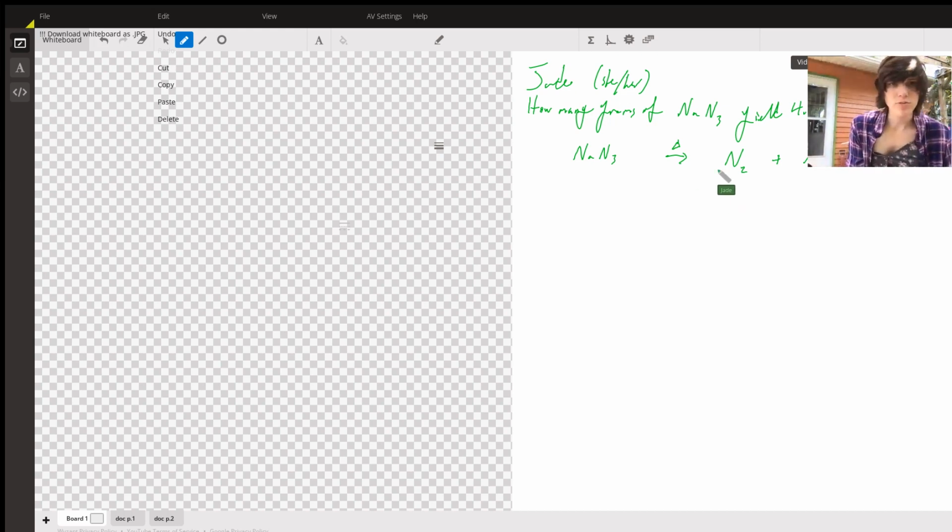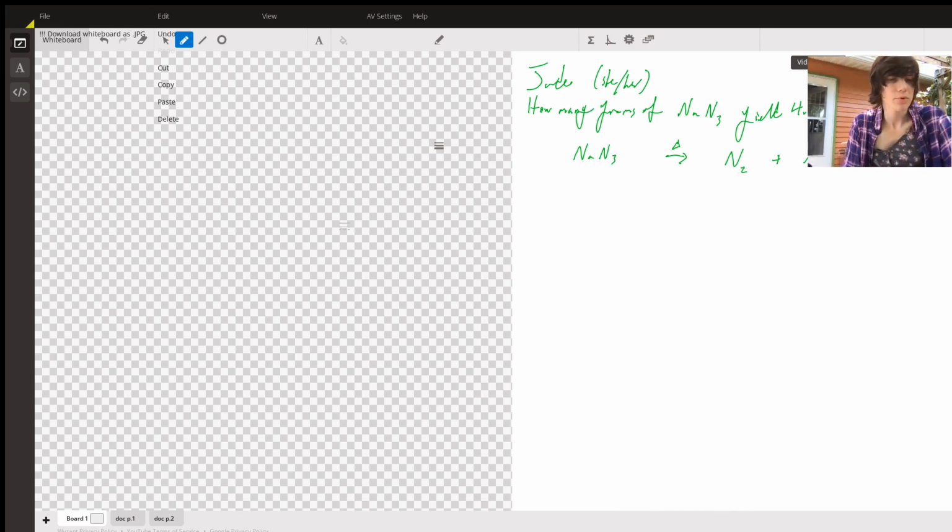The first thing we need to do is balance the equation. One thing we see is we've got one Na and one Na, so that's the same. We've got 3 nitrogens on one side and 2 on the other. That's an odd number, and there's no way we're going to get an odd number by assigning coefficients to the 2 side, since we can only get 2, 4, 6, 8.